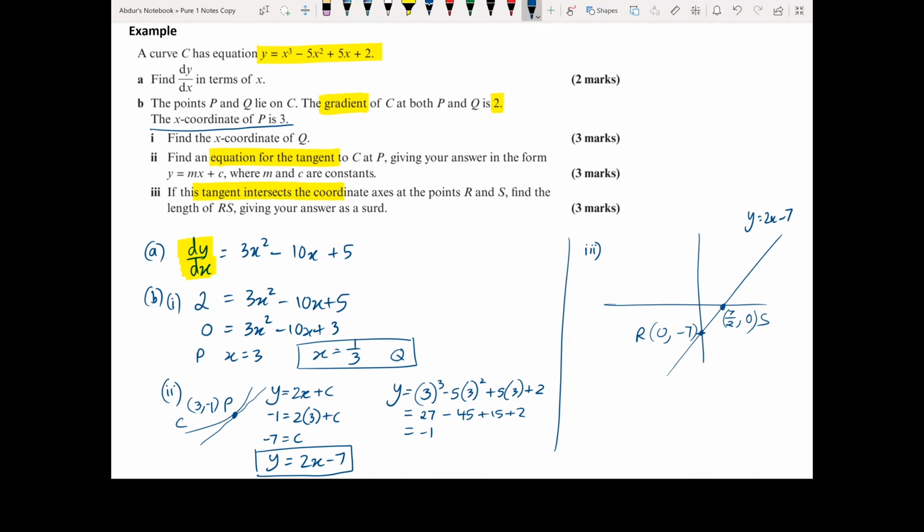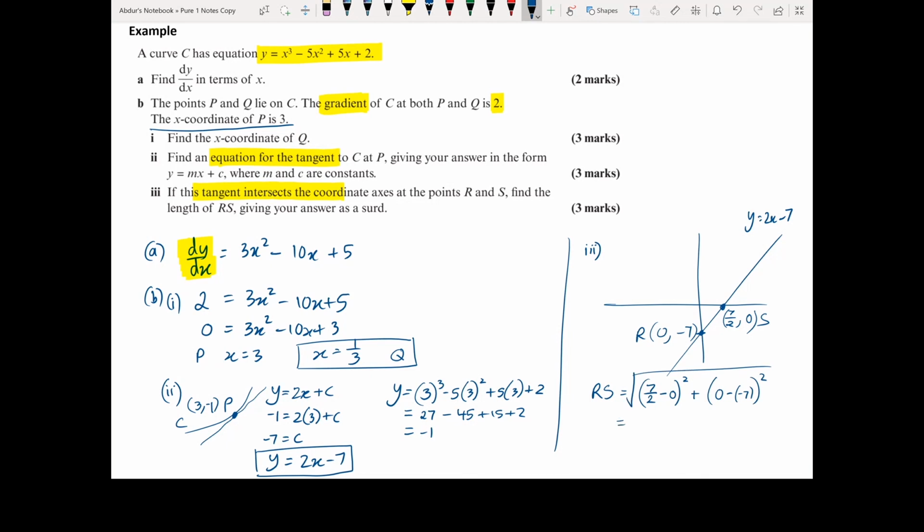To find the distance, we can use the distance formula, so the length RS is equal to the square root of the difference in the x coordinates all squared, so 7 over 2 minus 0 all squared, plus the difference in the y coordinates all squared, which is 0 minus 7 all squared.